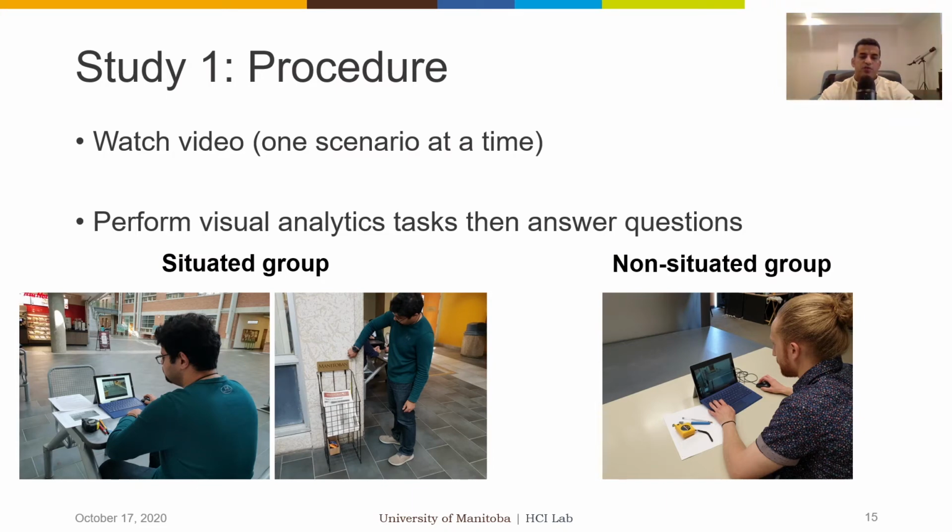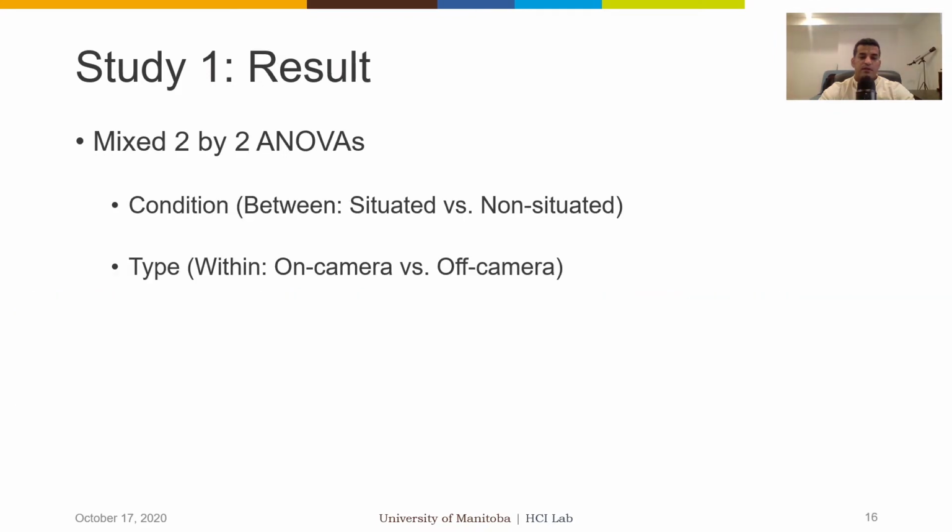Participants were asked to watch the video clip first, then perform visual analytics using the provided tools to answer questions related to the event in the video. Participants in the situated condition were instructed to walk around and gather information that could help them to answer the questions.